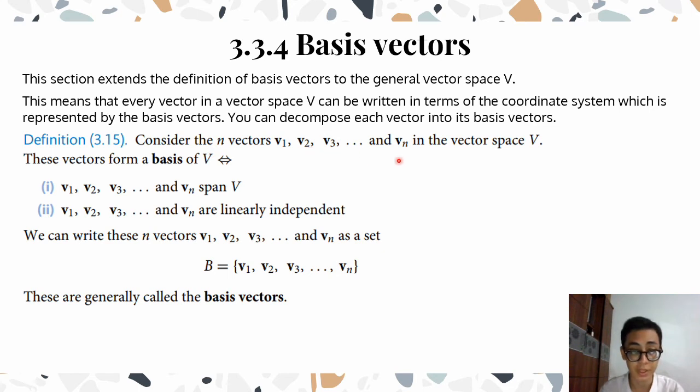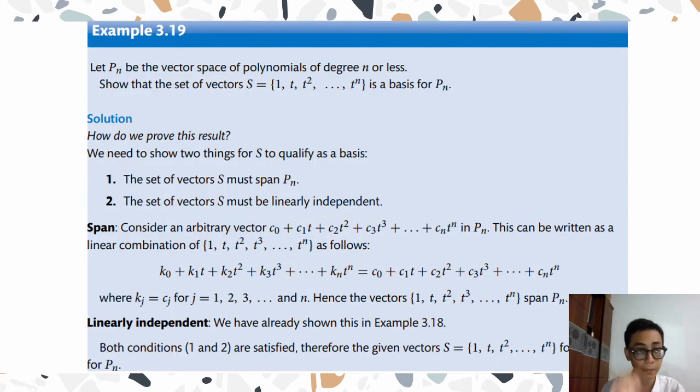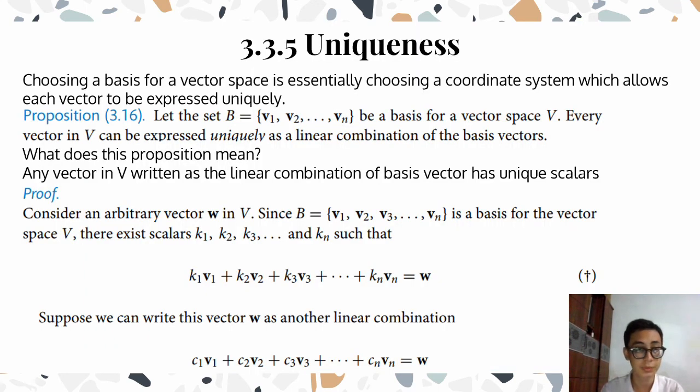Consider the n vectors v1, v2, v3, and vn in the vector space V. These vectors form a basis of V if v1, v2, v3, and vn span V, and v1, v2, v3, and vn are linearly independent. We can write these n vectors as a set B equals {v1, v2, v3, vn}. These are generally called the basis vectors. This is the example.